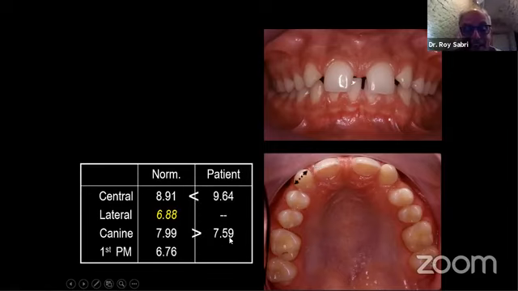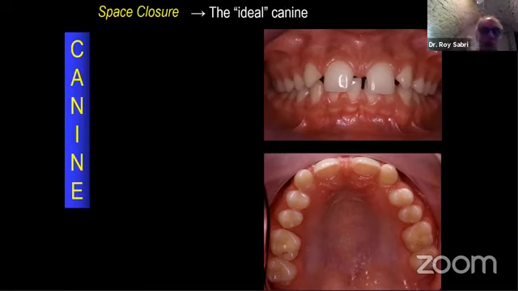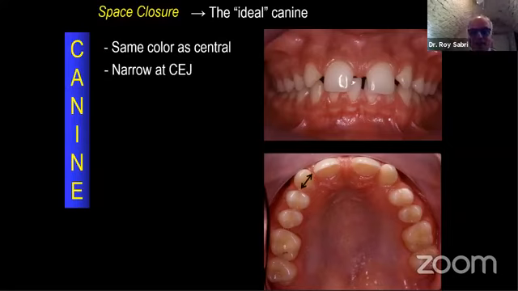The canine is 7.59. It's smaller than the average canine, and it's close to the size of a lateral. So this canine is really favorable for space closure. This is the ideal canine for space closure. First, it has the same color as the central, as you can see here.